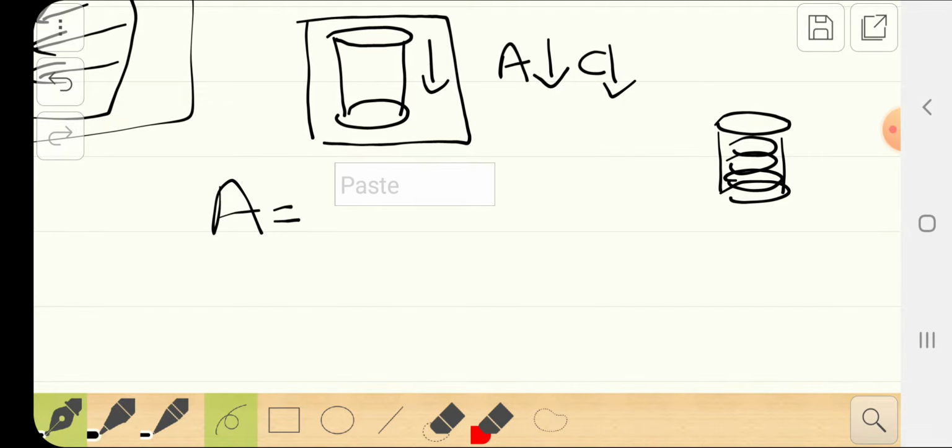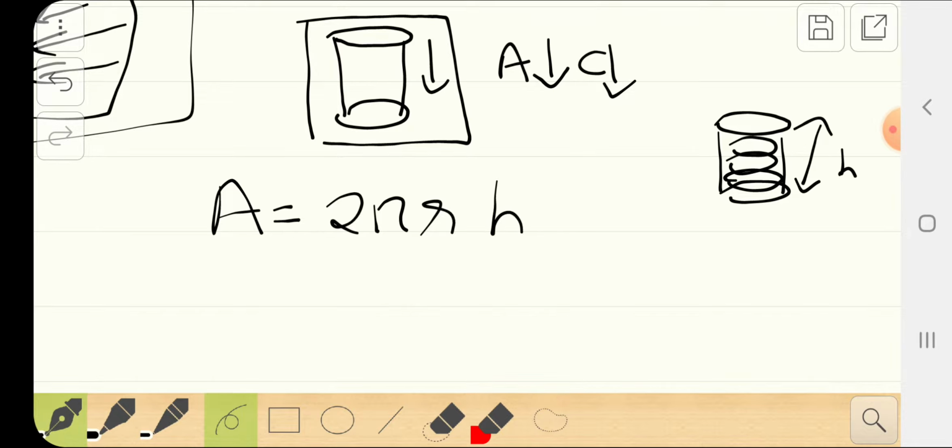So the ring has the perimeter 2 pi r, times the height of the cylinder, which will give you the area. So that's the area of the whole cylinder because it's made up of smaller rings.